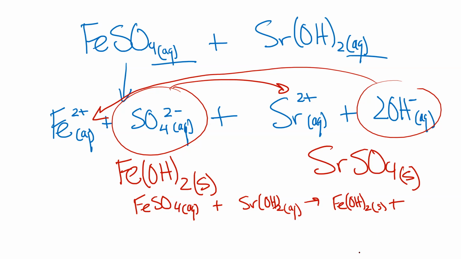No one is just sitting around. Everyone forms a part of the product. This is unusual, which is actually why I kind of like this question, because it is an interesting situation. Strontium sulfate, SrSO4 solid. There we go. So good so far. Okay.